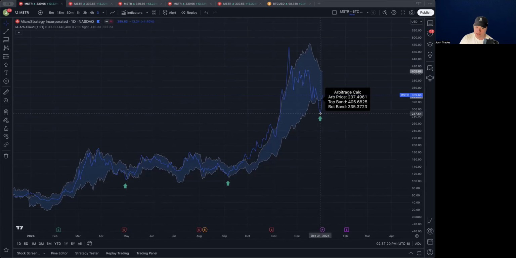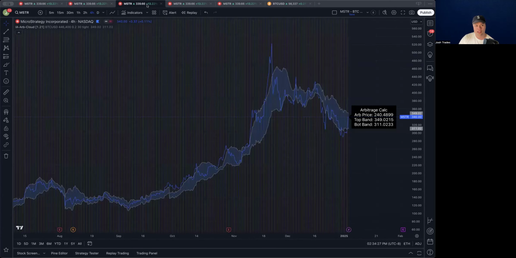So when we see opportunities where we are very beneath the bottom band of the ARB cloud, this is an area where we actually buy MicroStrategy because it's undervalued, and we can use the ARB cloud in combination with other suite tools to see if we are undervalued and oversold and actually buy MicroStrategy when sentiment is low and people are thinking the stock goes even lower.